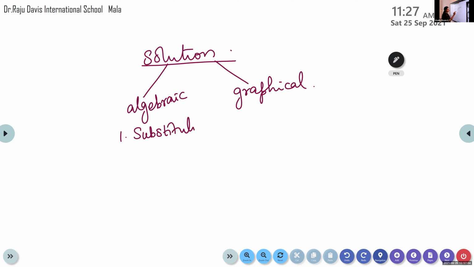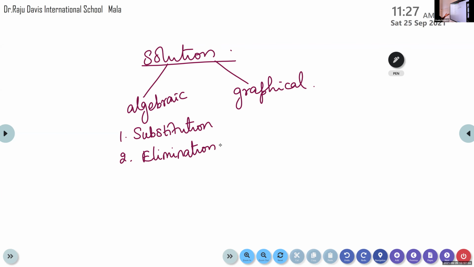First one is substitution method, and elimination method. Cross multiplication method is not there for you; only that method is deleted.